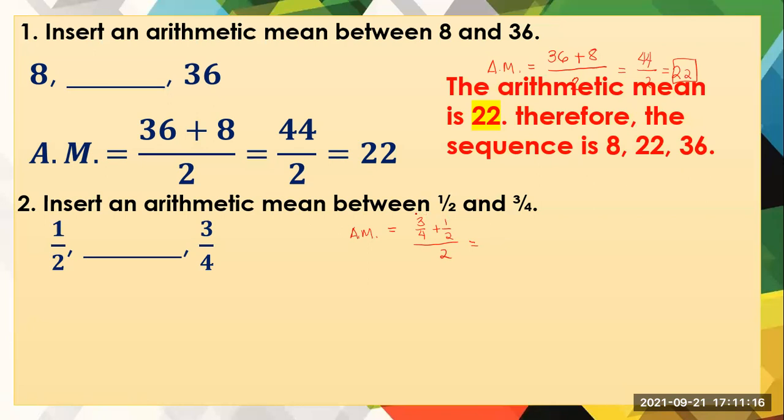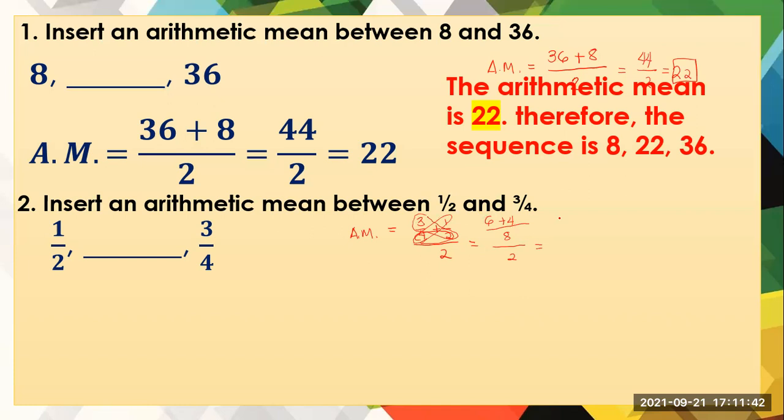So that is 3 times 2 is 6, and then 4 times 1 is 4, so plus 4, divided by 4 times 2, which is 8, all over 2. So that is the butterfly method. I just learned it from my previous students. That's how they were taught in elementary.